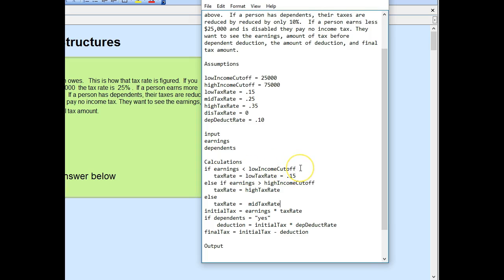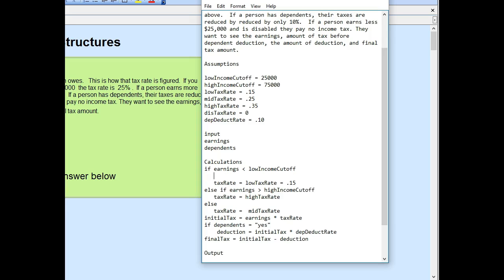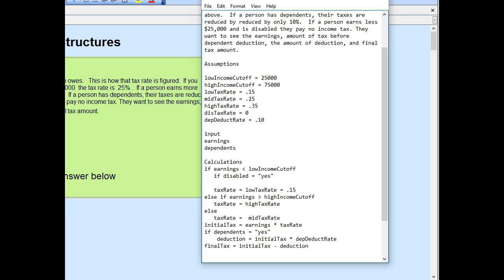So really what we need to do is after this one, we're going to nest another decision, and that's going to be if disabled equals yes. If that's true, then the tax rate is equal to disability tax rate. And disability tax rate is 0.